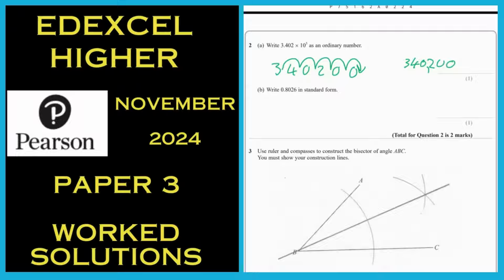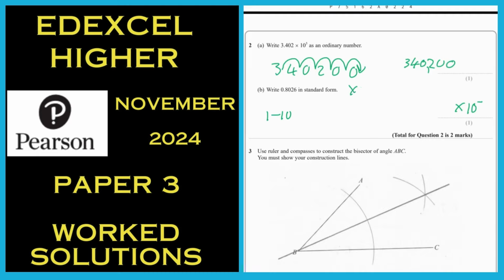Stick with what works. Part B, writing a number in standard form. Firstly, I always advise my students, get that negative power in. This is a small number. And ask yourself, how many times do we need to move the decimal point, or indeed multiply by 10, to give us a number between 1 and 10?